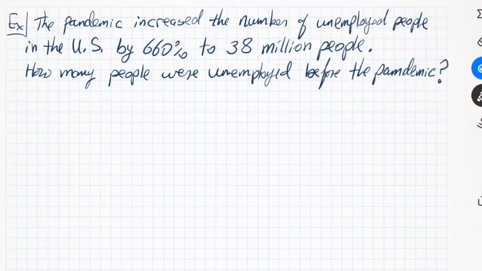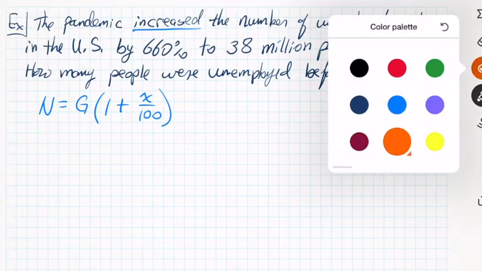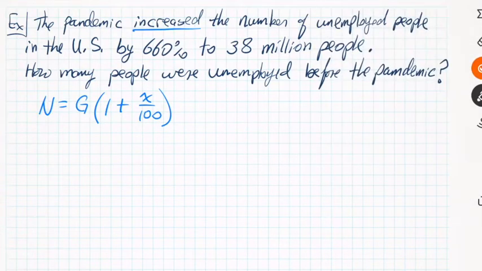So we have a formula, N equals, new equals G, old, times 1, and since we're doing an increase, it automatically tells us that this is going to be a plus x over 100. All right, so let's go looking for what each one of these letters is represented by, and if one is missing, that's the one we're looking for. Sometimes you might want to start with the question.